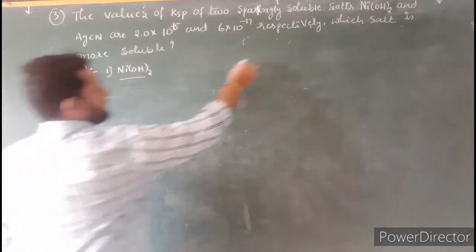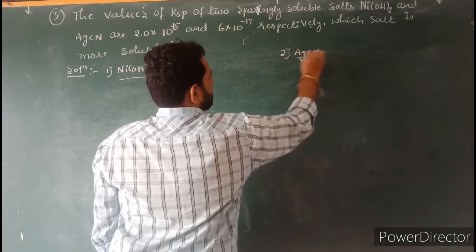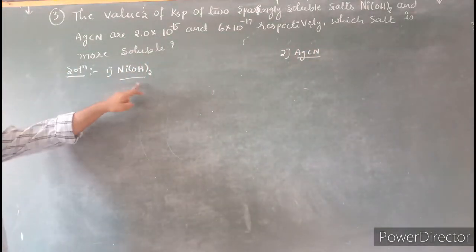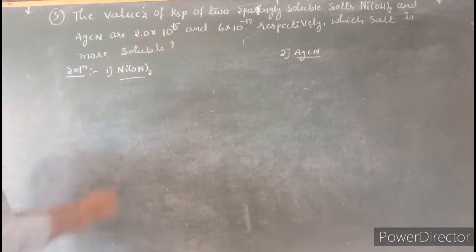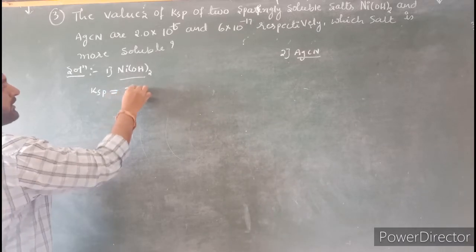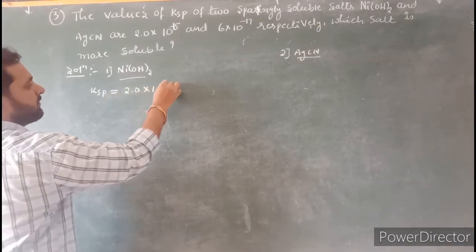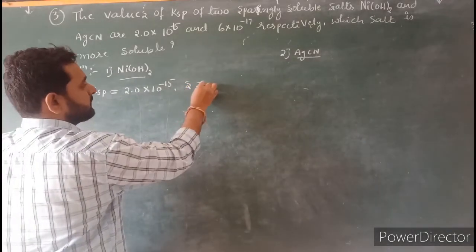The second one is silver cyanide. For nickel hydroxide, the Ksp value is 2.0 into 10 power minus 15. Here we have to calculate solubility.